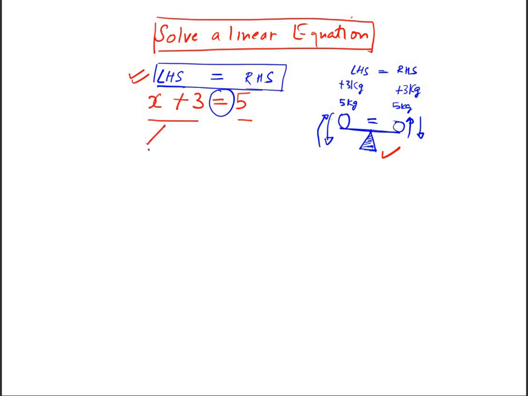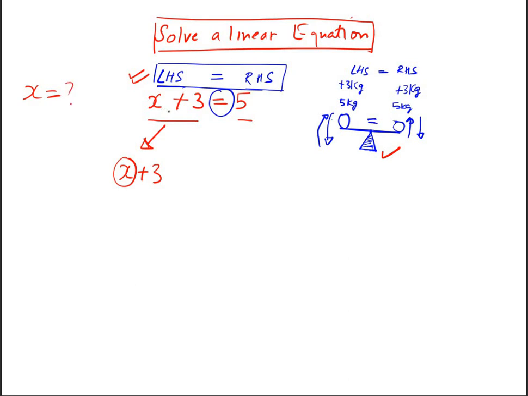Now the left hand side is x plus 3. Now I need to find the value of x. So what it actually means is I need the left hand side to say something like x equals something.